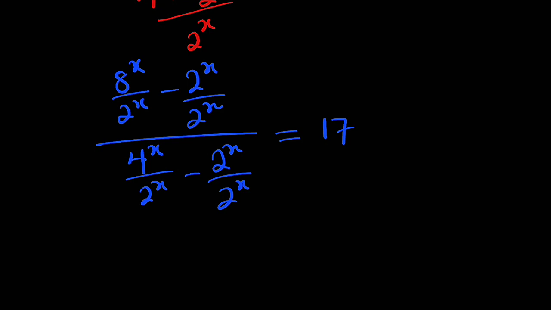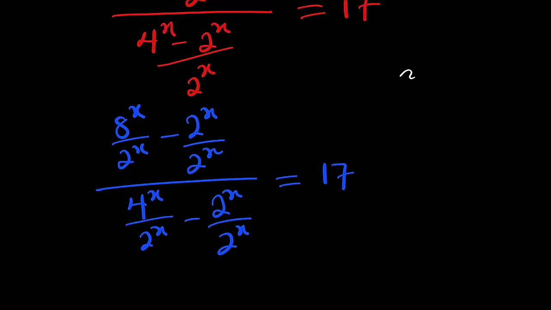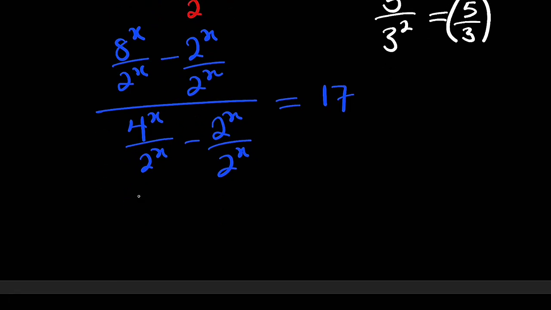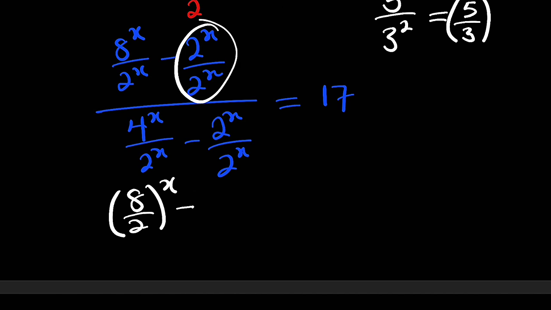All right, another law of indices you should remember is whenever you have, for instance, 5^2 divided by 3^2, you can see they have the same exponent, 2 and 2. So you can always express it as 5 divided by 3, the bases, then assign a single exponent 2. So you're going to do the same thing here. We have 8 divided by 2 raised to the power of a single exponent x, minus, but these two are exactly the same, so if they divide, you get 1.